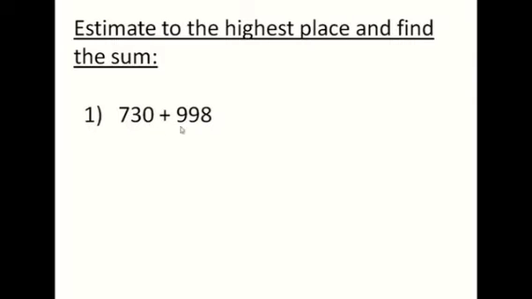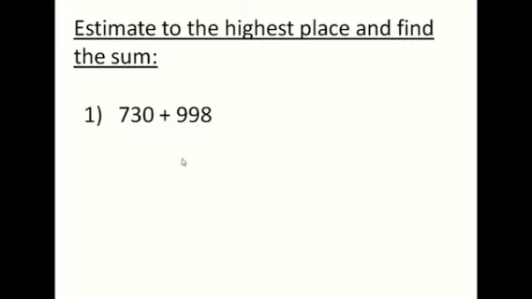Look at these two numbers. The first number 730 is a 3-digit number. Here 998 is also a 3-digit number. So what do we have to do? We have to estimate, meaning we have to round off this number to the highest place. And in the same way 998 also needs to be rounded off to the highest place.